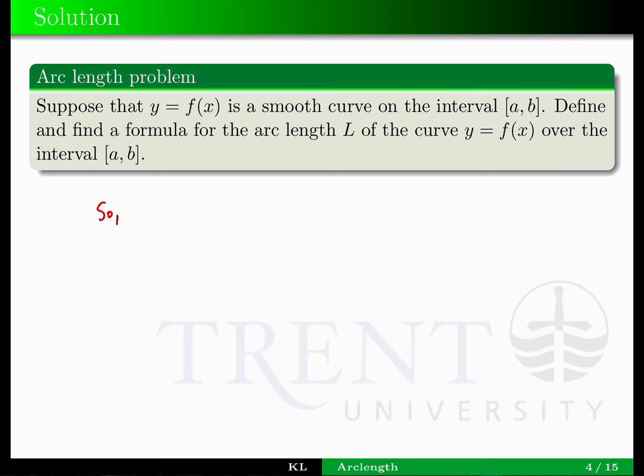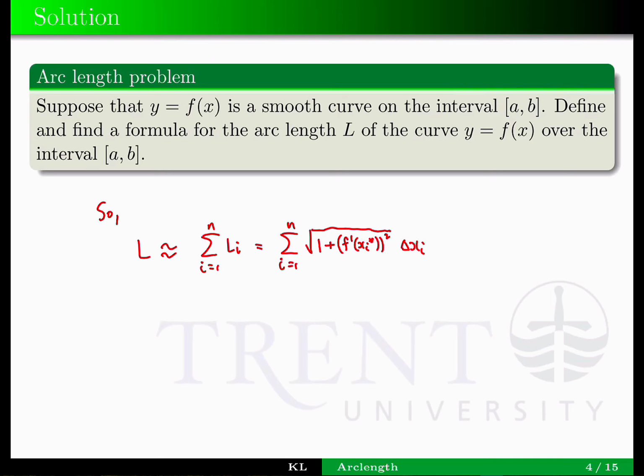So L is approximated by the sum from i equals 1 up to n of L sub i, which is the sum from i equals 1 up to n of the square root of 1 plus f prime of x sub i star squared, multiplied by delta x sub i.